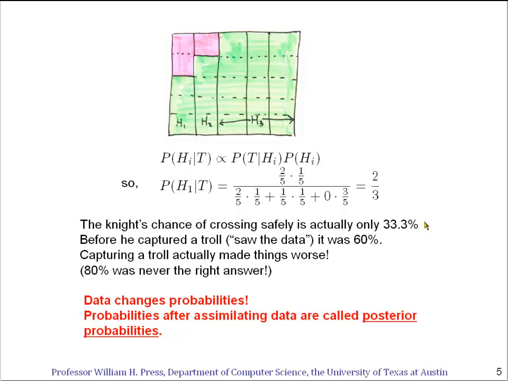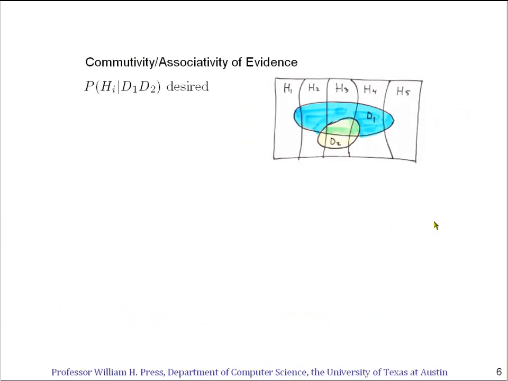Probabilities after assimilating data, or as we would say in probability notation, probabilities given the data, are called posterior probabilities. And the power of Bayes' theorem is that it gives us a mechanical way of computing posterior probabilities over a wide range of problems.